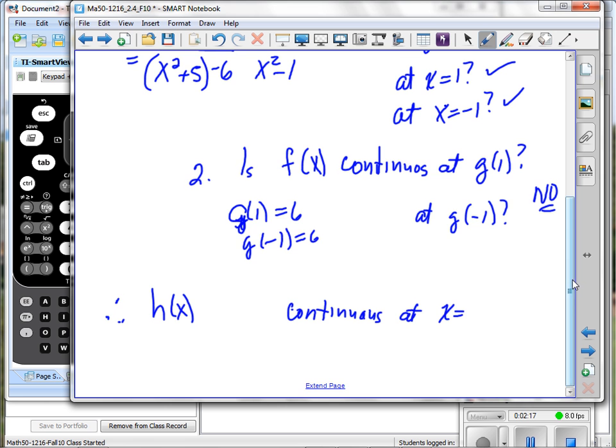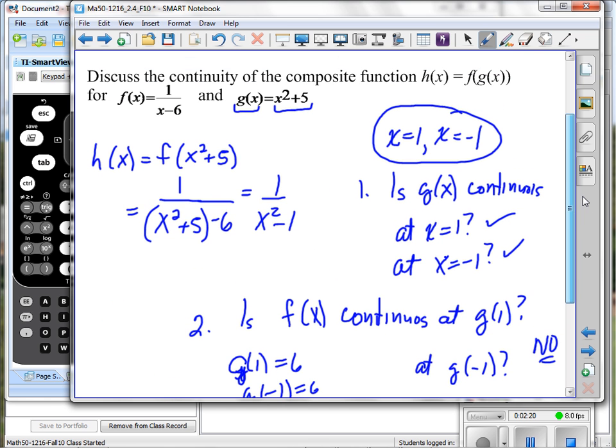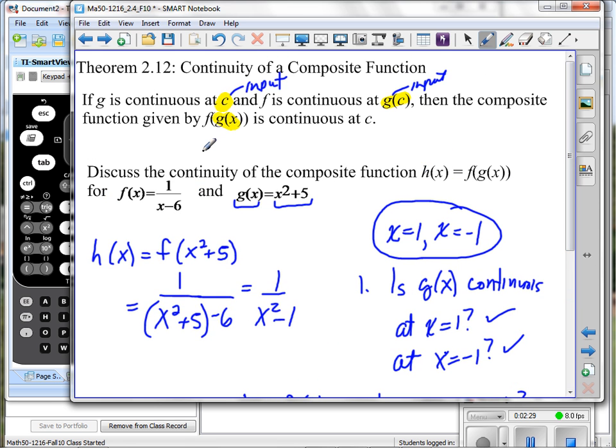Okay, is h of x continuous then at 1 and negative 1 or at 6? Which one do we pick up? Is the composite then continuous at g of c or c?